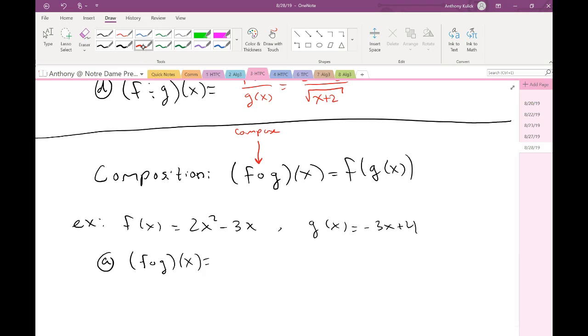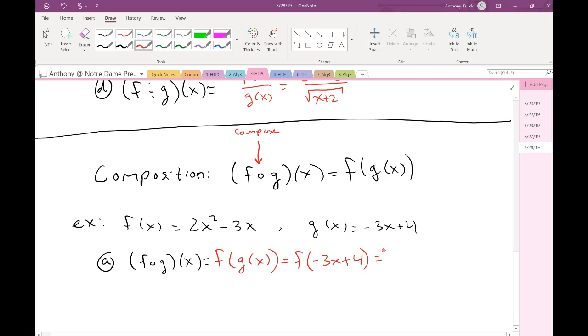We'll start with f compose g of x. According to the definition we stated above, that's just f of g of x. What I like to do is replace g of x with the expression it's equal to. So I have f of negative 3x plus 4.